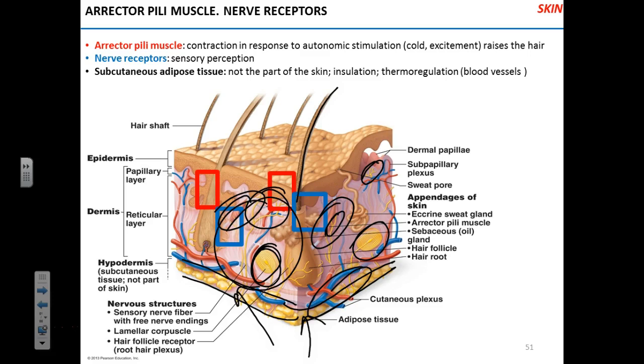Those blood vessels, as we discussed before, can dilate when you are hot, dissipating the heat into the environment, or they will constrict when the environment is cold, conserving the heat, preventing blood from reaching the surface of your body. So what you have to know about the subcutaneous layer is insulation and thermoregulation.